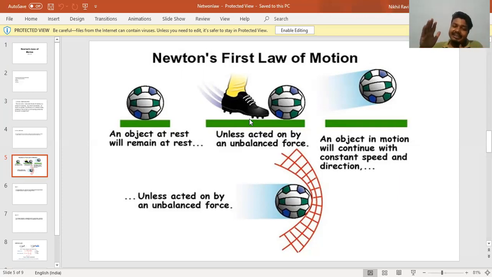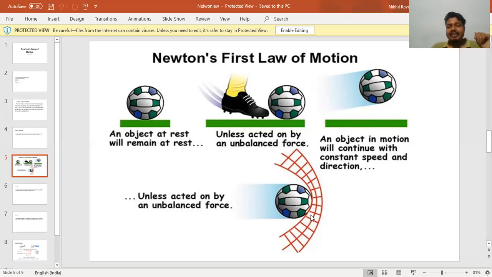And the last picture says it is acted on by unbalanced forces: the football collides with the net. So this is Newton's first law of motion.